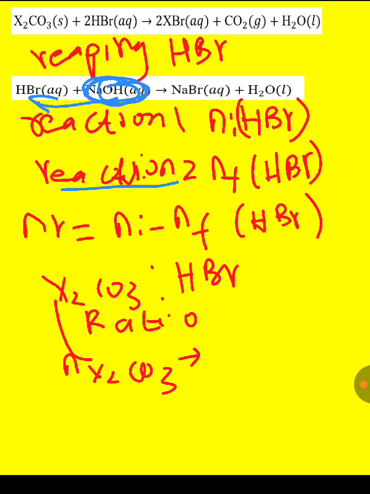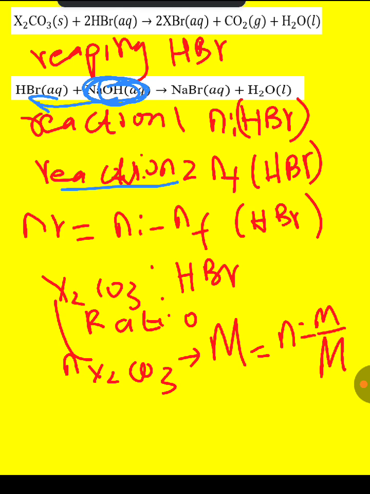Now I used those number of moles to get the molar mass of the metal carbonate using n is equal to mass over molar mass. Then I finally found what the molar mass of substance X is, and then I identified it.